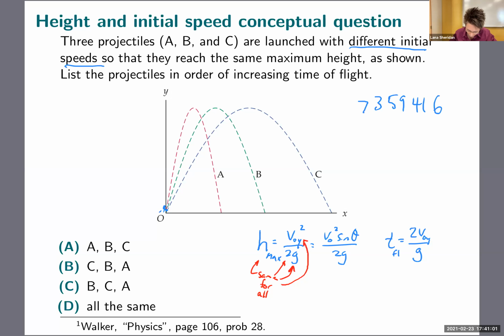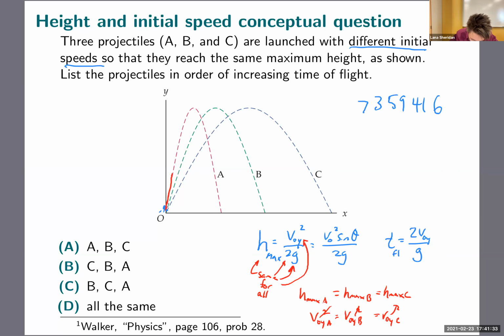If H max A is equal to H max B is equal to H max C, and I plug in this formula, then I see V0Y squared A has to equal V0Y squared B has to equal V0Y squared C. And because all of these are positive, all of the Y components of initial velocity have to match. Now, the Y component isn't the only component, but all the Y components have to match.